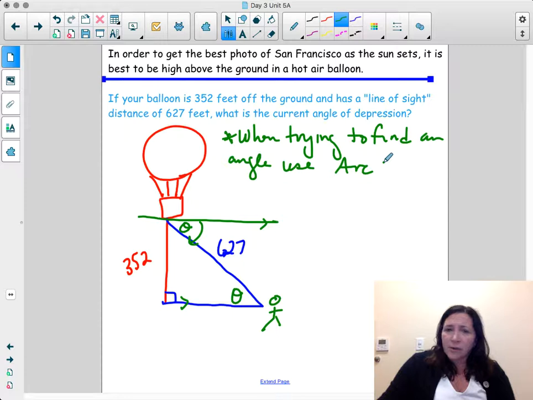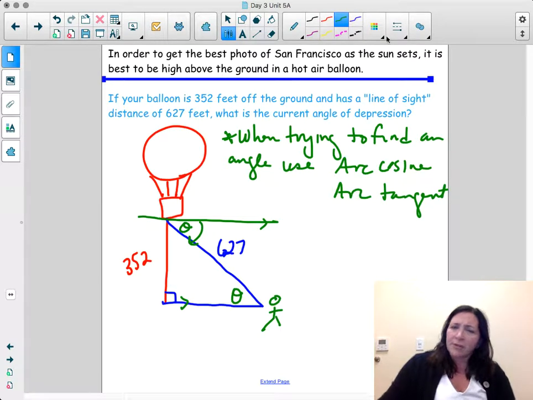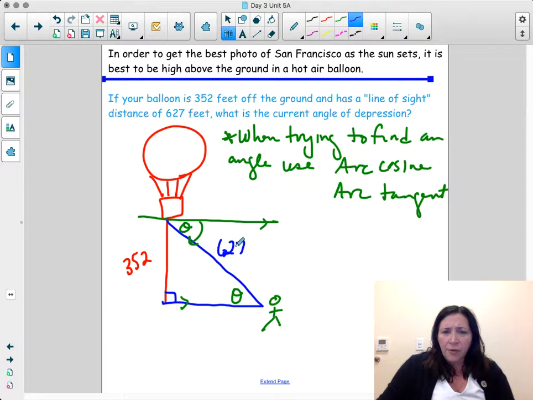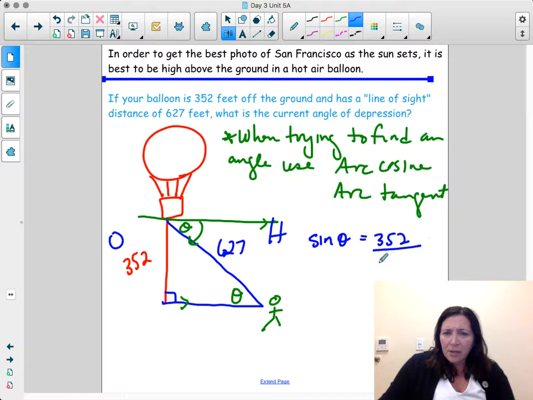You're either going to use arc cosine, arc tangent, or arc sine. In this case, I'm going to use arc sine. So we're going to go opposite over hypotenuse. This is the opposite side. This is the hypotenuse. So sine of theta is equal to 352 divided by 627.